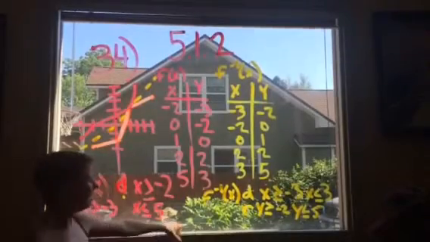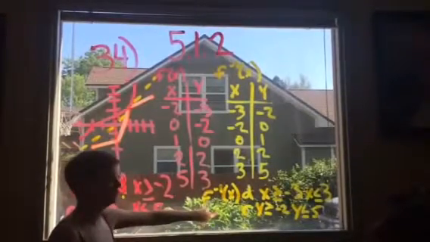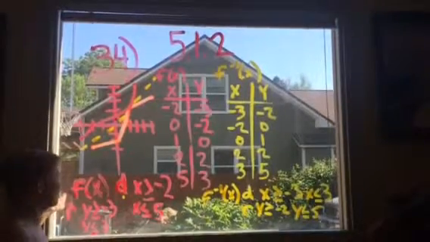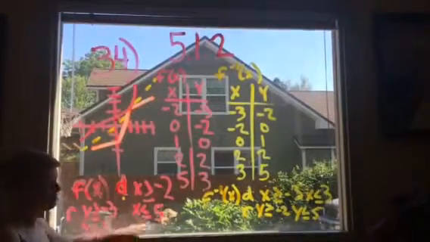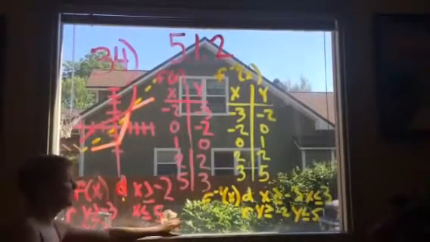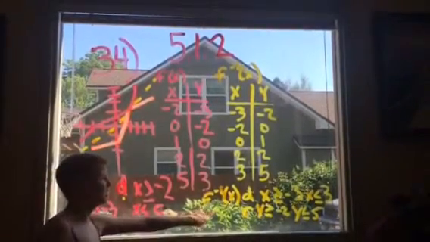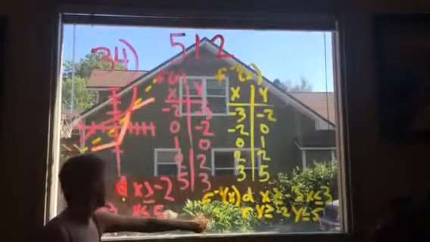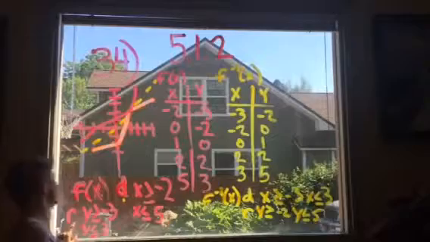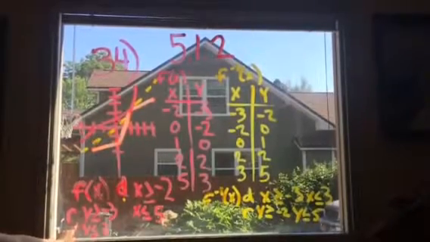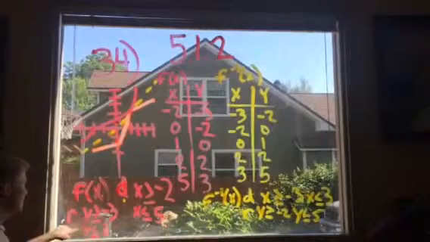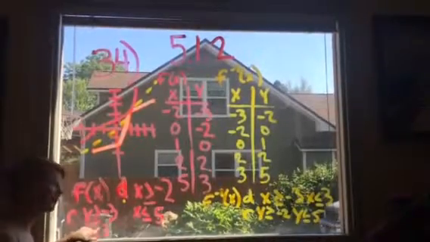And so here we have the domain and range for the new function and the domain and range for the first function. And the relationship that you can see between the two is that when you find the inverse, or f to the negative first of x, the domain and range switch. So the range for f of x is y is greater than or equal to -3 and y is less than or equal to 3.